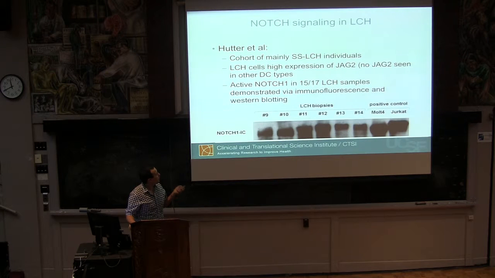And so, lo and behold, when they went back and looked more specifically at Notch, here's the Western blot, which showed the intracellular part, Notch IC. This, in theory, should be an active Notch that's actively causing downstream effects, and as you can see, these biopsies are just ripping with Notch. And these are positive controls: Jurkat is a T cell line that we know has active Notch signaling.